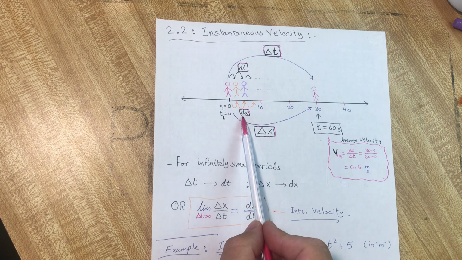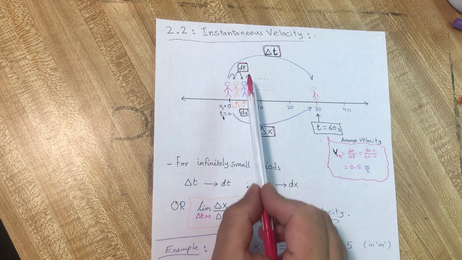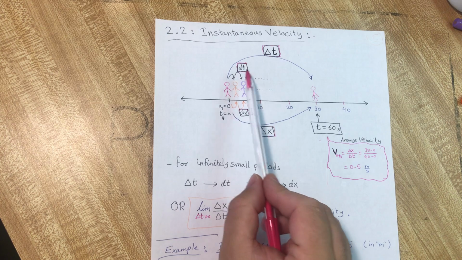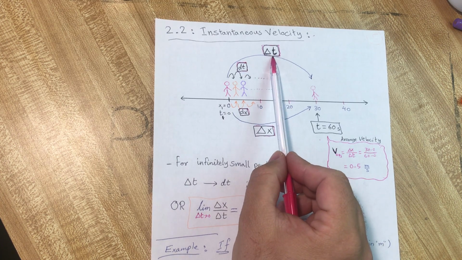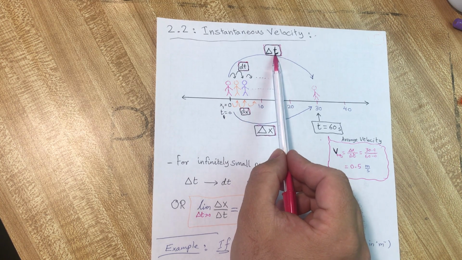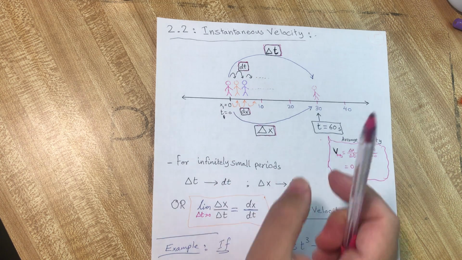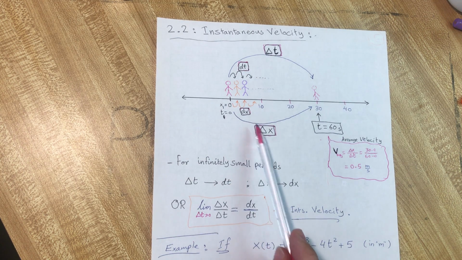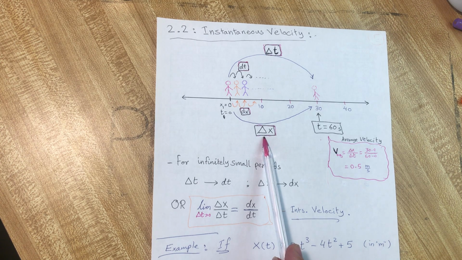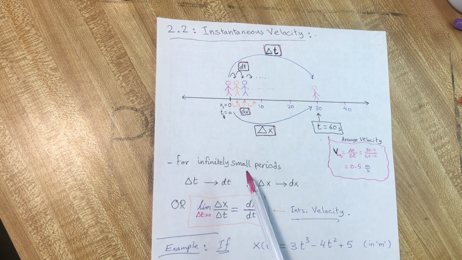It will be dx. dt is the same as delta t, but when delta reaches 0 or a small value. And the same for the dx. It is the limit for delta when delta goes to 0.